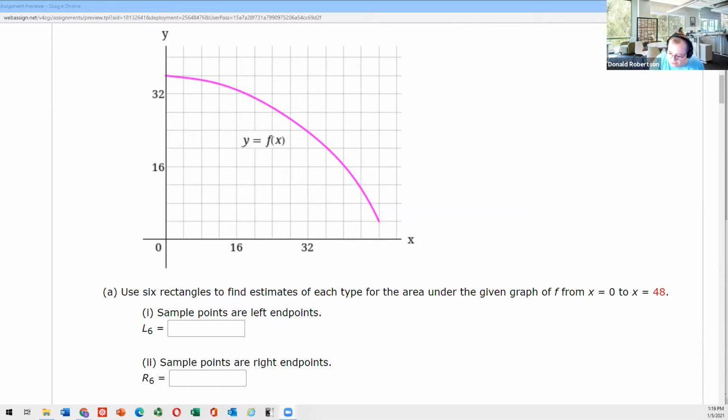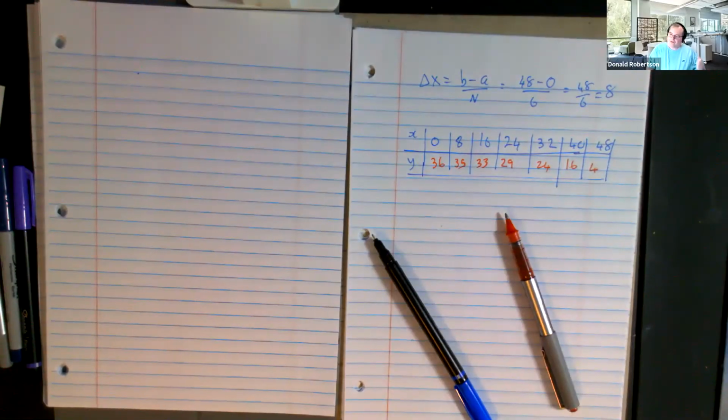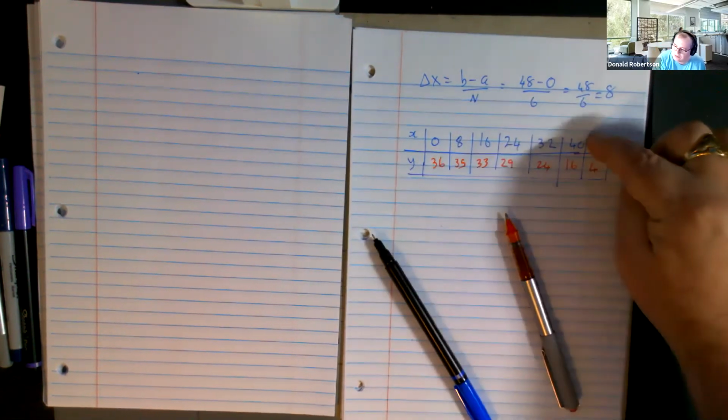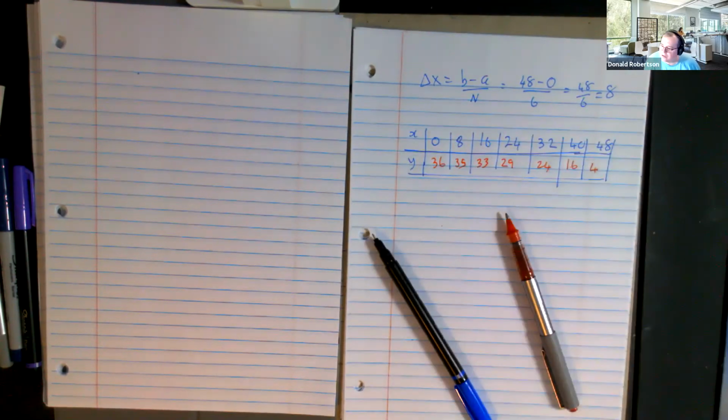So I'm now going to return to our whiteboard where all those numbers that I was talking about have been written down. Are you comfortable about how the diagram became a table? Are you comfortable about how I decided who the x's to use were and what the y corresponding values are?